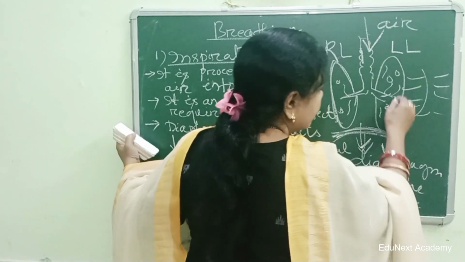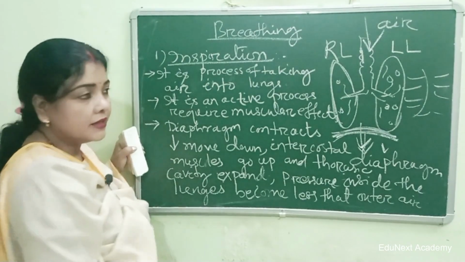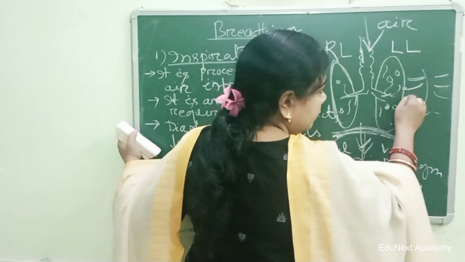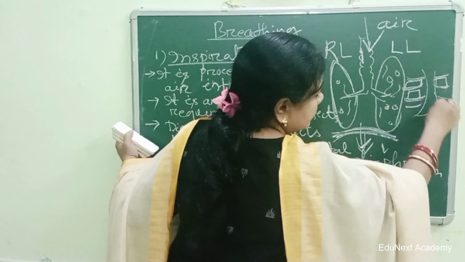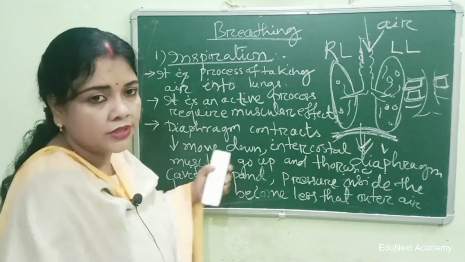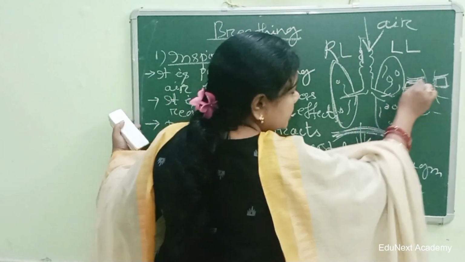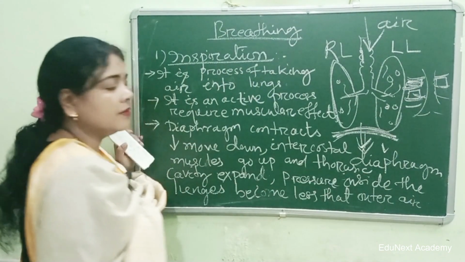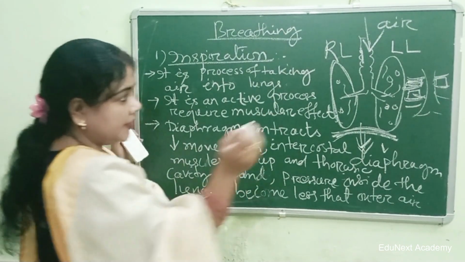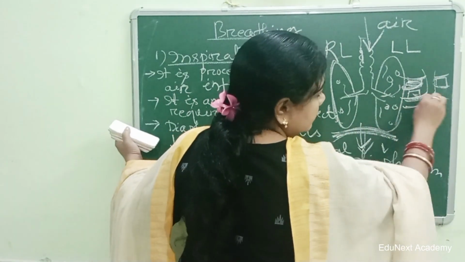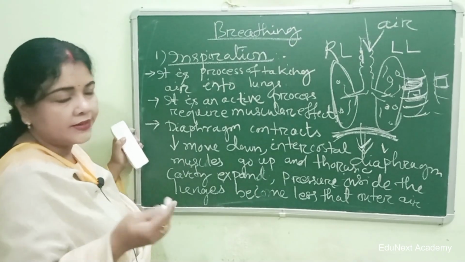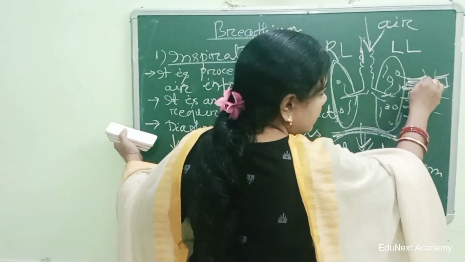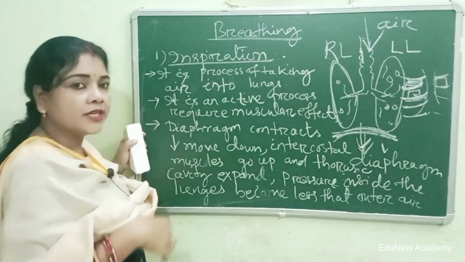At the same time, our ribs are present, which protect the inside organs, and in between the rib bones, some muscles are there. What is a rib? The rib protects our heart, lungs, pancreas, etc. In between the bones of the ribs, some muscles are present.